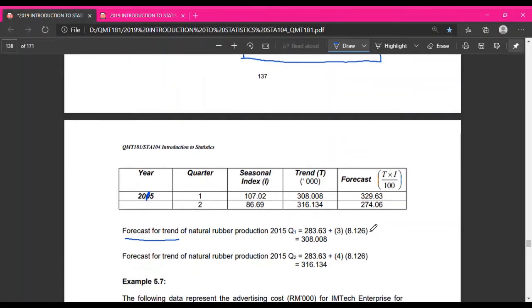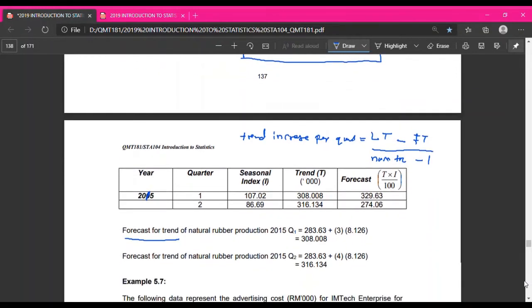We need to calculate the trend increase per quarter, which is the last trend value minus the first trend value, divided by the number of trends minus 1. Check the notes again.